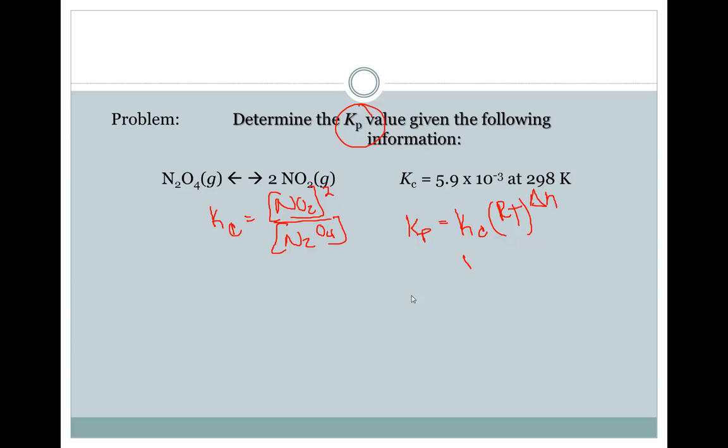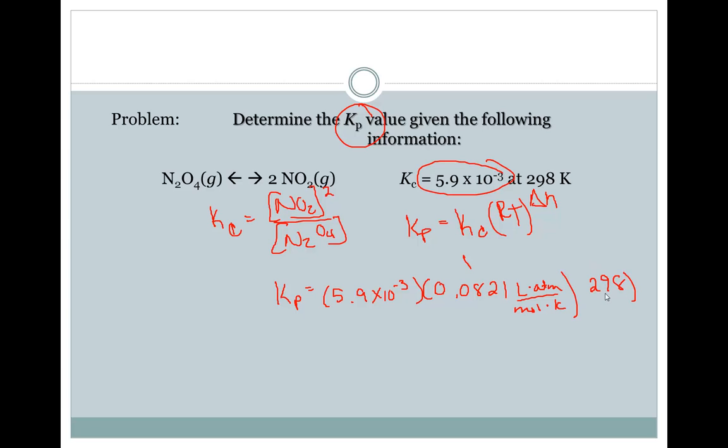Kp is what we're looking for. Kc is given. R is the ideal gas law gas constant. Notice it's in atmospheres. And then temperature is 298.